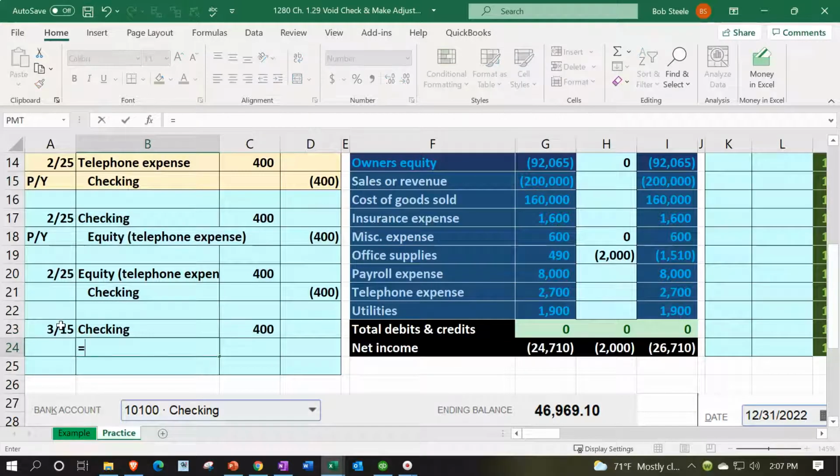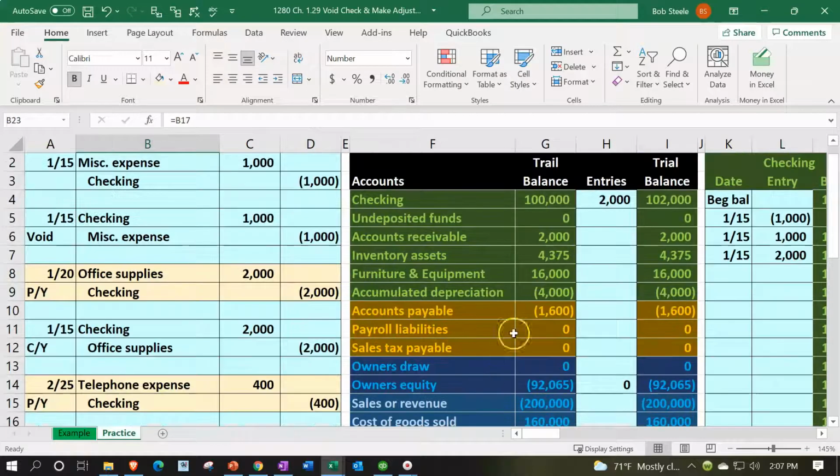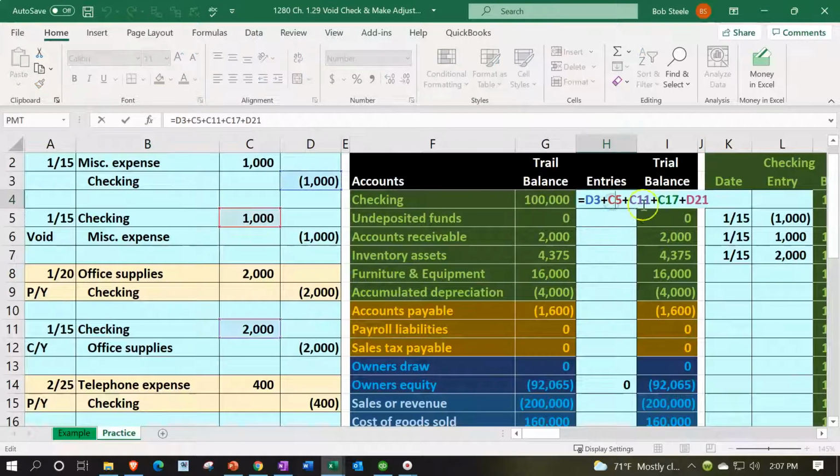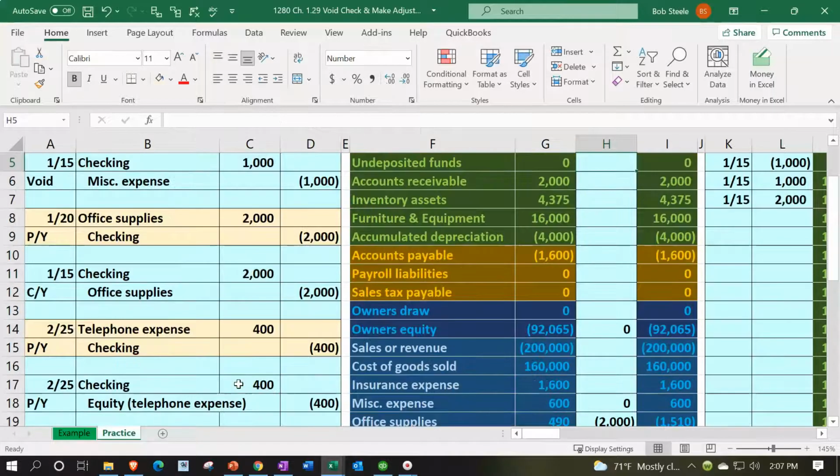And the other side is going to go now to the telephone expense actually in the current time period, negative $400, indenting this item. So now we're going to say the checking account, scrolling up, we're going to fix it again, double clicking on it, plus the $400 in the checking account.